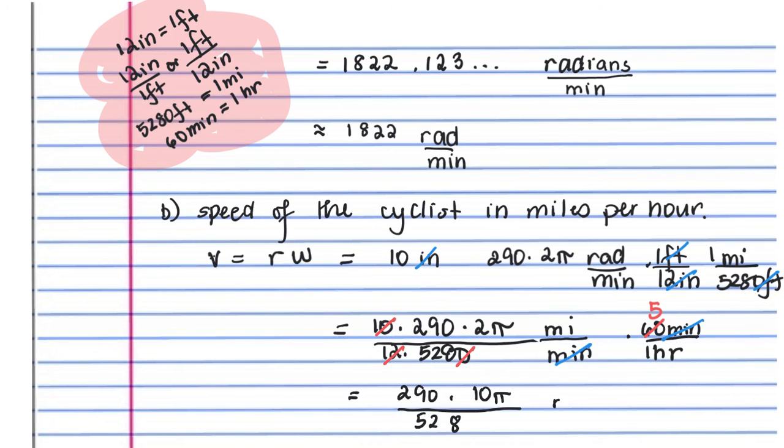A little bit less to type into the calculator, and that's in miles per hour. So let's get the value of that expression. On the Alex calculator, we got 17.254 miles per hour. And when you round that to the nearest whole number, you get 17 miles per hour.